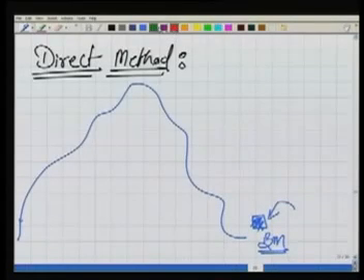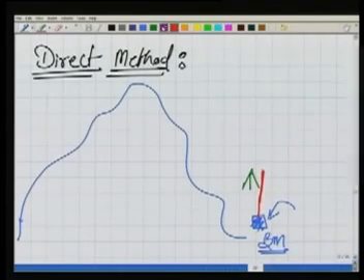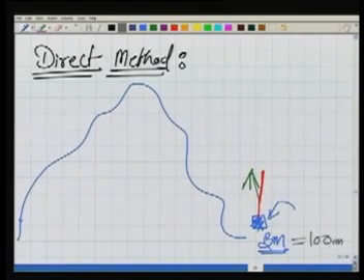Next, I take my level instrument, this is the dumpy level, and I keep a staff here on the benchmark and I take a backside. So a backside is taken on the staff. Let us say the benchmark has 100 meter as RL.